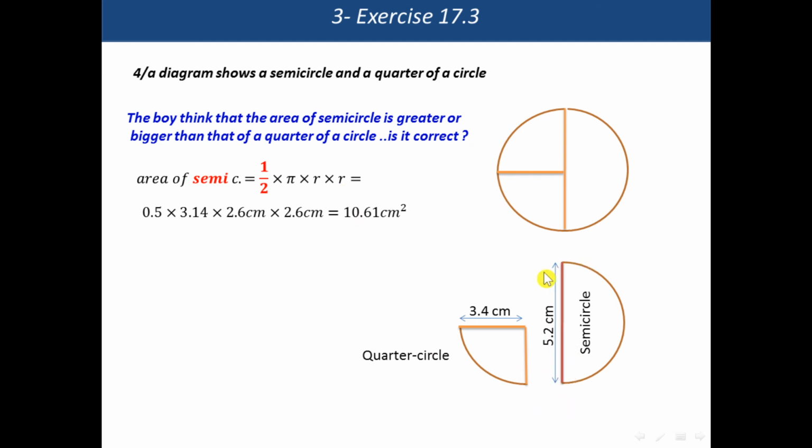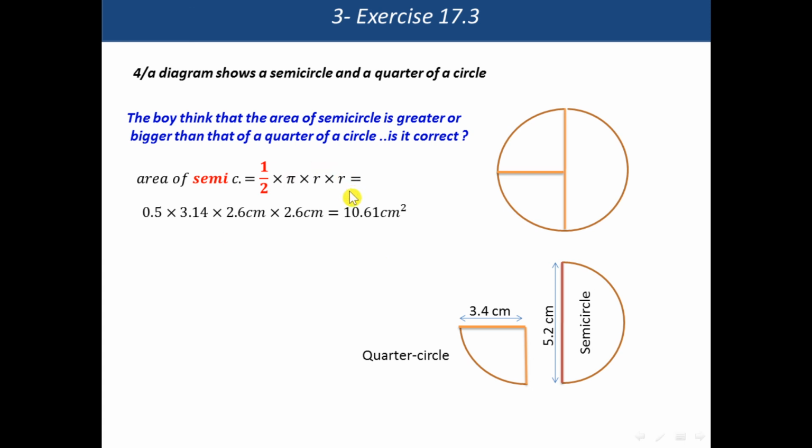No, I have a diameter here, 5.2, and I know the diameter is 2 radius, so I divide 5.2 by 2, which gives me 2.6. That is how I find the radius here and here. It's going to be 2.6 multiplied by 2.6 multiplied by 3.14 multiplied by 1/2. So the area of the semicircle is 10.61 centimeters square. So this is the area of the semicircle.